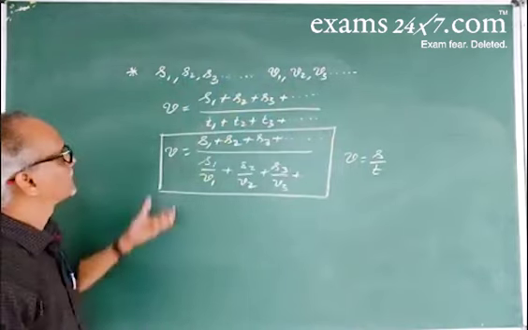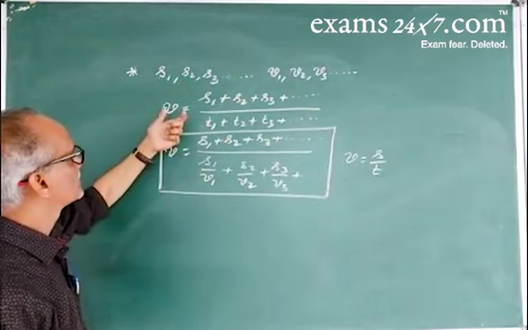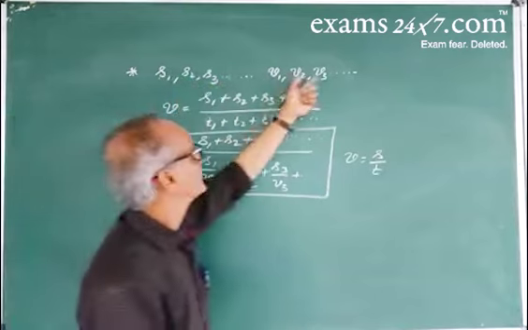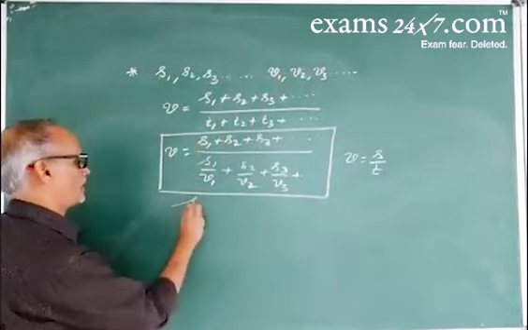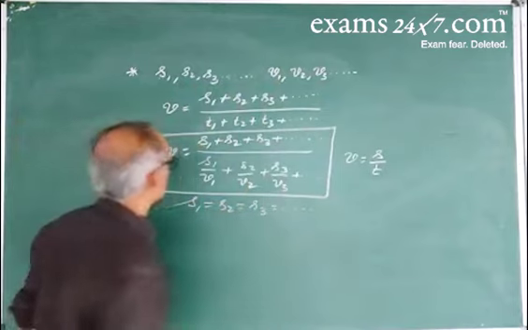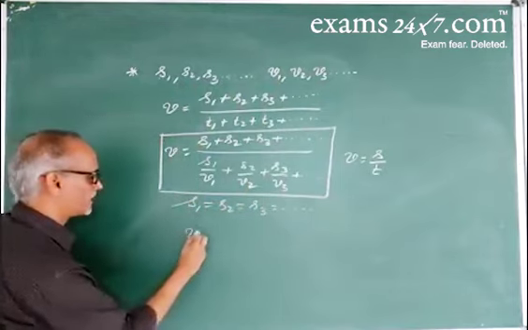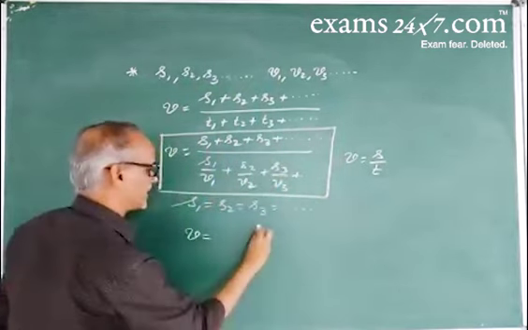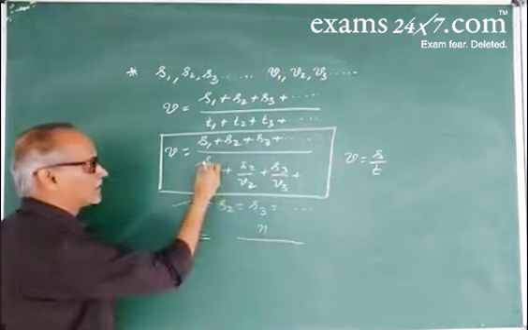Now, what if the body covers equal distances with the speeds v1, v2, v3? In such cases, s1 is equal to s2 is equal to s3, and so on. So we get v is equal to, when s1, s2, s3 are equal, there are n terms, so we get n s divided by this s.